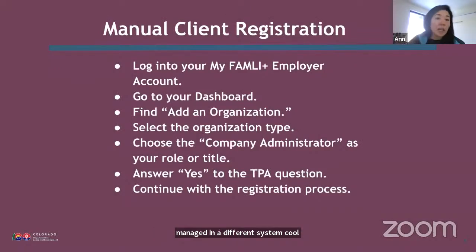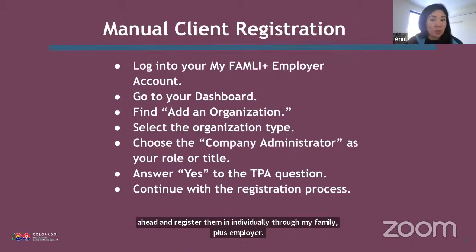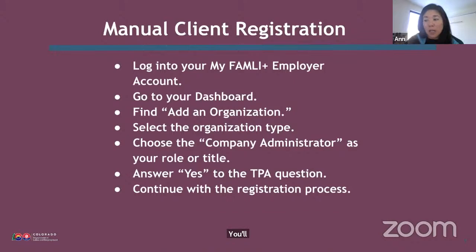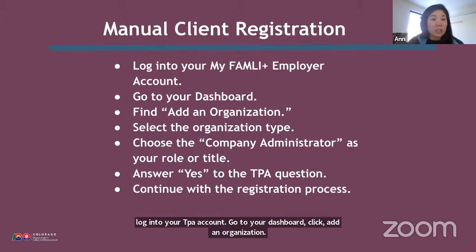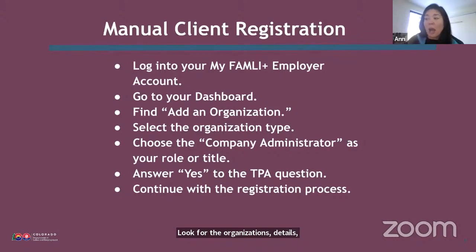So if your client has not registered, again, going through the manual registration process, you can go ahead and register them individually through My Family Plus Employer. You'll log into your TPA account, go to your dashboard, click Add an Organization, look for the Organization Details section, and select the correct organization type. After you select the organization type, you'll need to choose Company Administrator as your role.